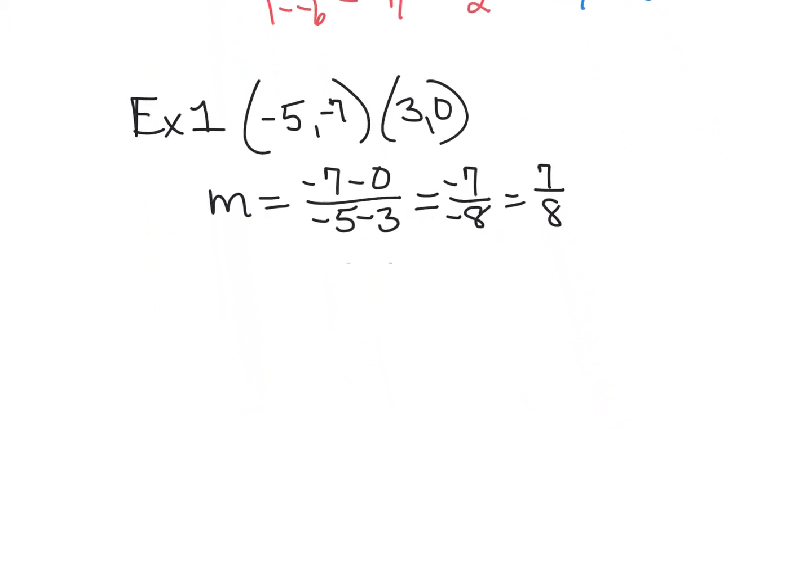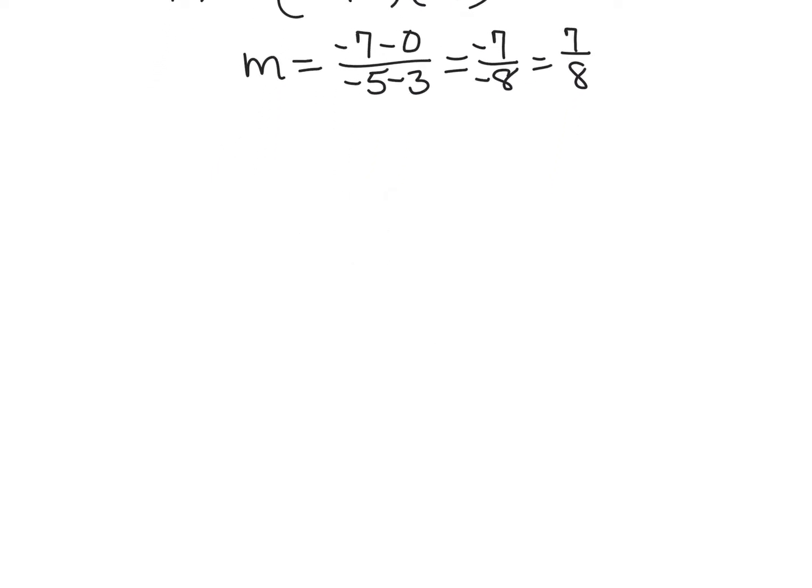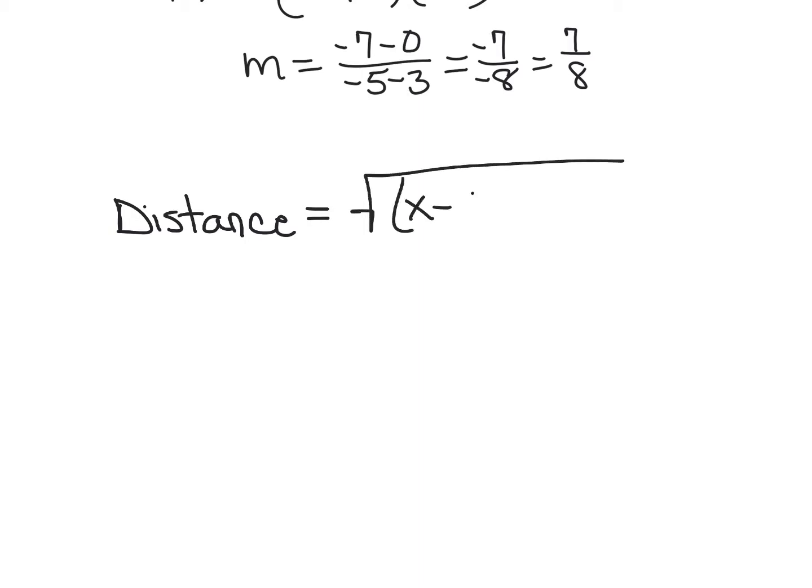But let's go ahead and do distance. So the distance formula is the square root of x minus x squared plus y minus y squared.